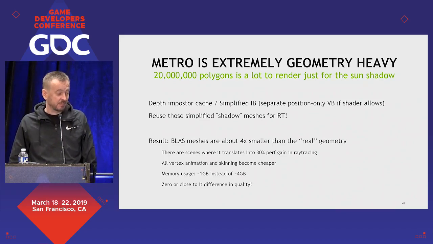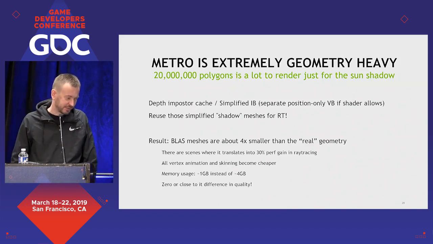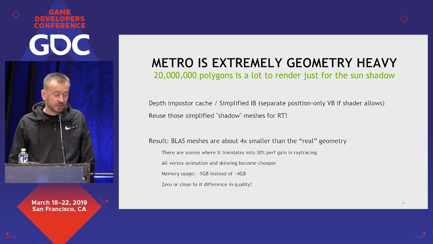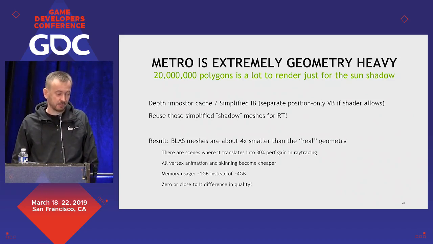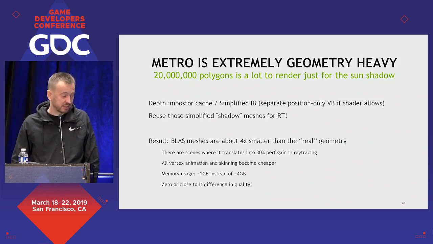But we also have what we call optimized shadow meshes, with a position-only vertex buffer, merged vertices, and simplified indices. So we use exactly those meshes for building ray tracing bottom-level structures. Sometimes it results in approximately 30% faster ray tracing, and it always uses about 4 times less memory.